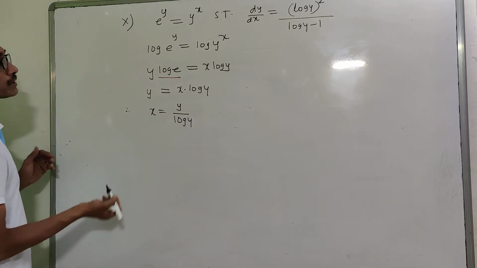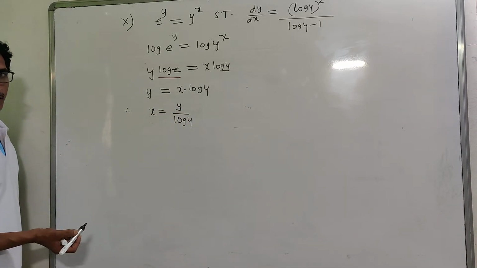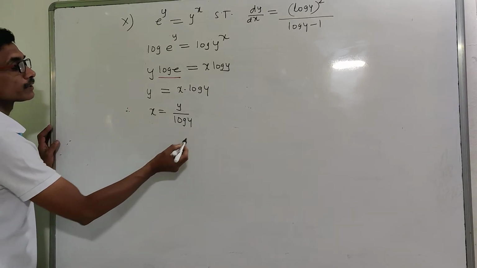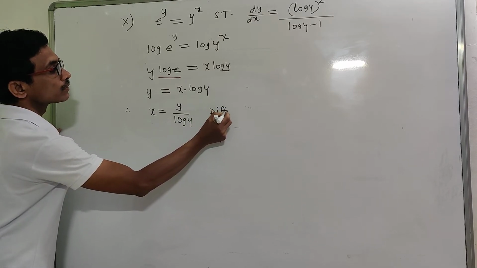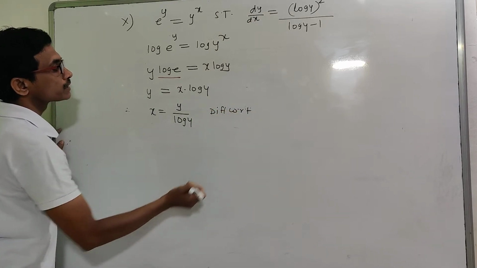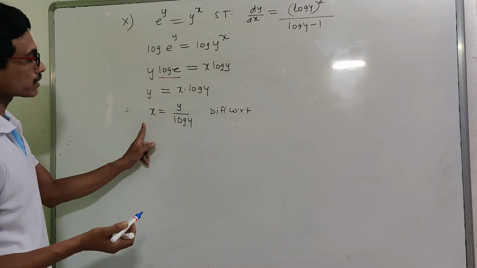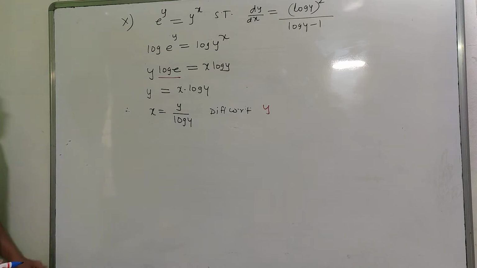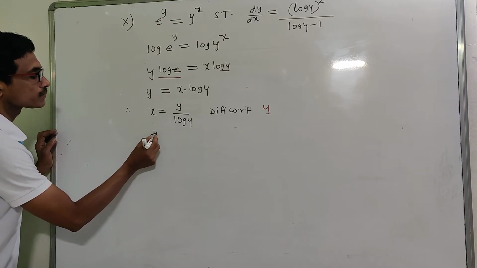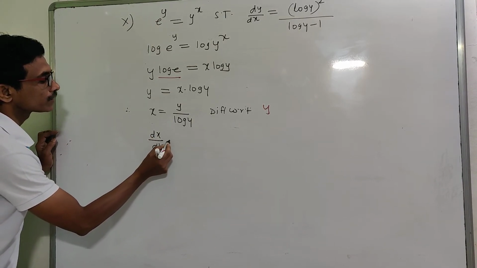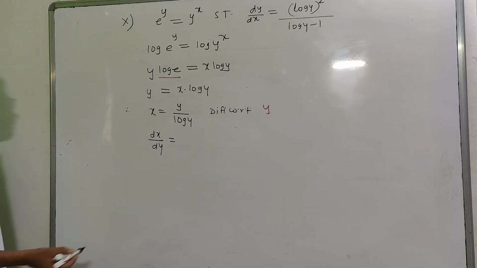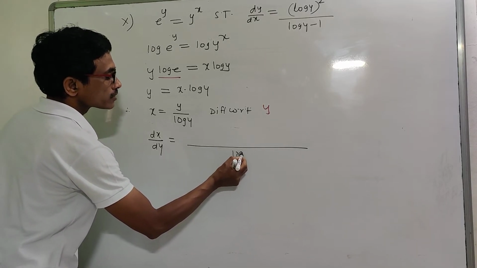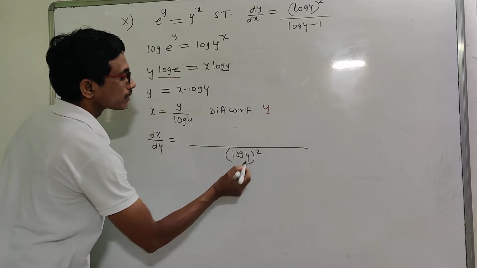So we can differentiate by using the derivative of an explicit function, instead of differentiating with respect to x, now we are differentiating with respect to y. Keep in mind. So the derivative dx by dy, we use the u upon v rule. V square in the denominator, that is log y whole square.